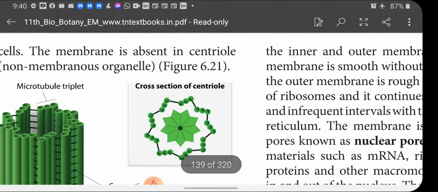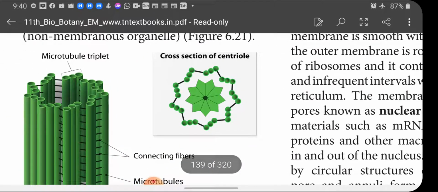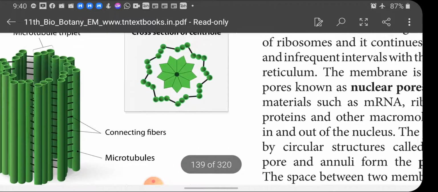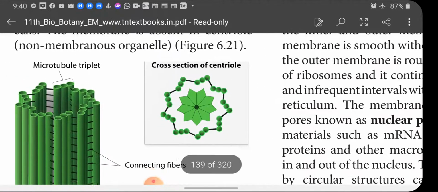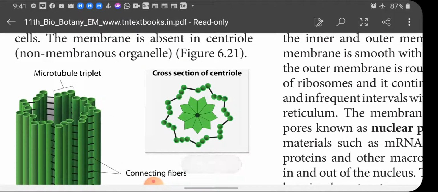Let's see the structure here, children. Please see the cross section of the centriole. In that you get three ball-like structures united to form one unit. Like that you can find nine units around a central floral-like structure. If you count around the center, you get nine triplet units.